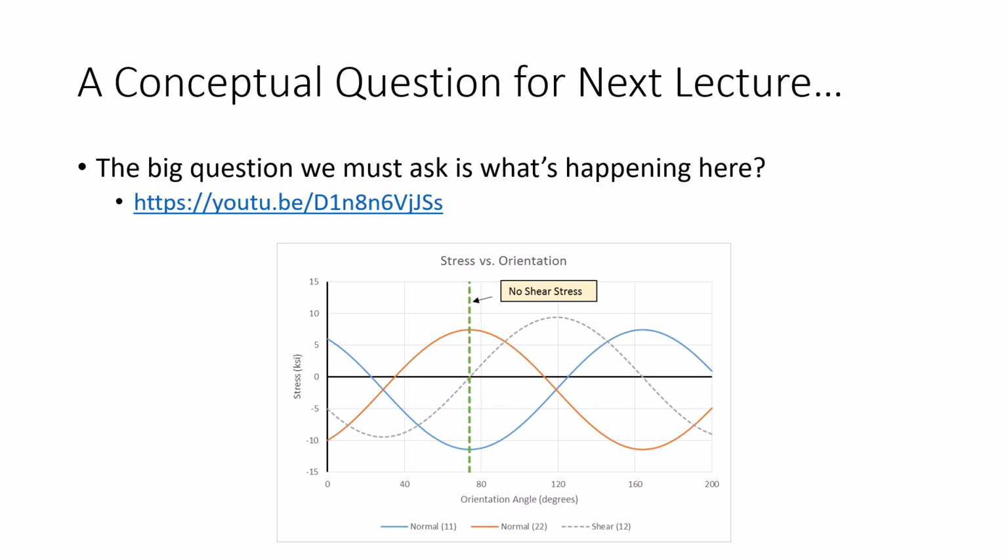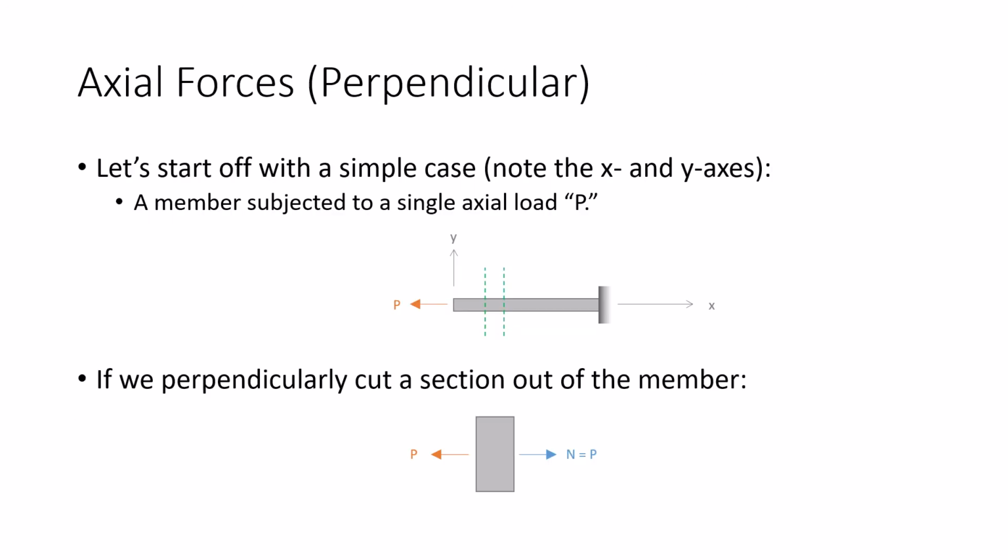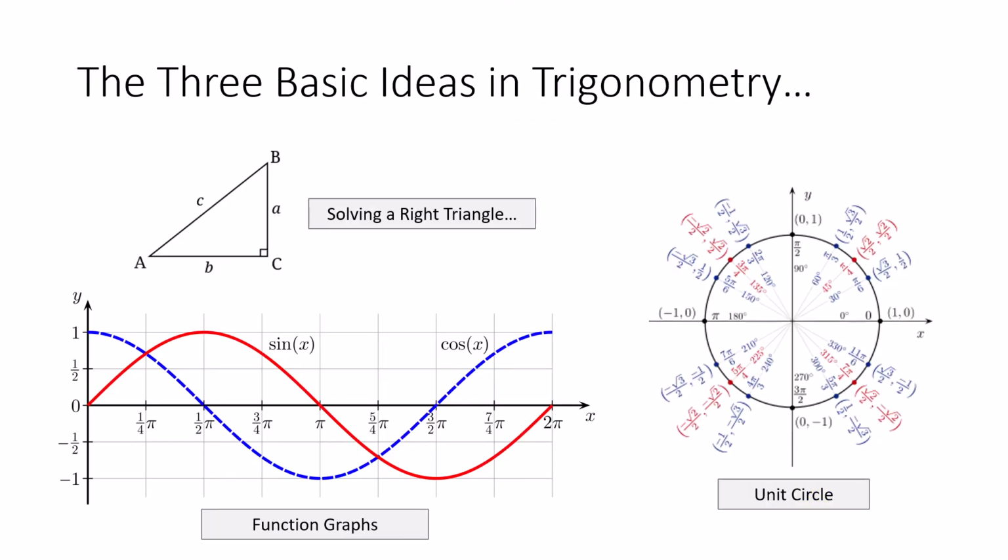Maximum, like they're maximized, but what's the shear stress? 0. It's interesting. So the shear stress is minimized when the normal stresses are maximized, right? Huh. Remember a trig plot where that happens. Isn't it a circle?